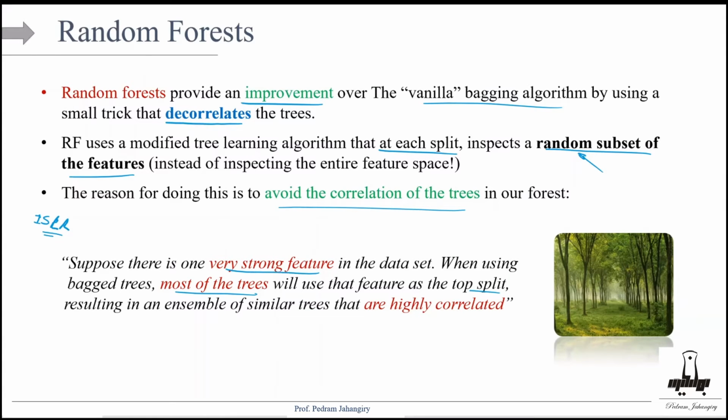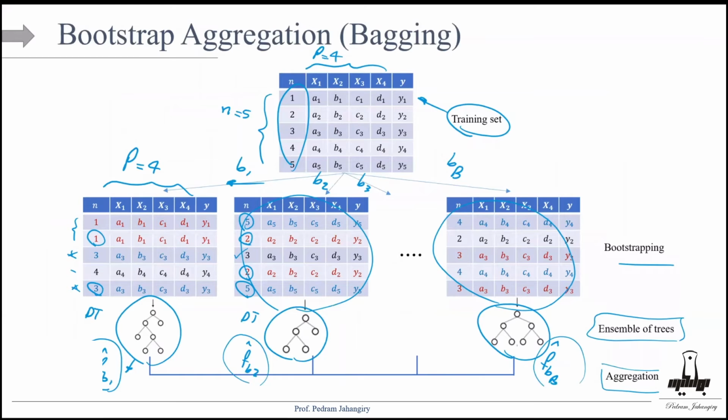And that results in an ensemble of similar trees that are highly correlated. So if I go back to the previous slide, look at this one. Do you agree that if we use all the features, p is equal to 4, these trees are going to be very highly correlated with each other, right?